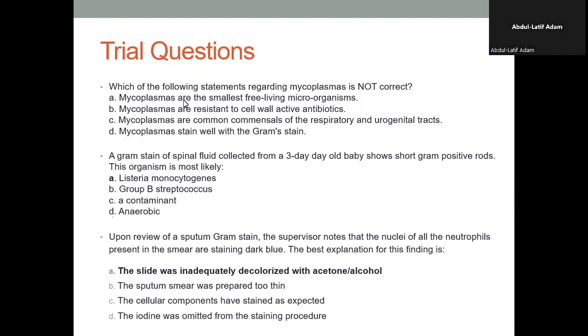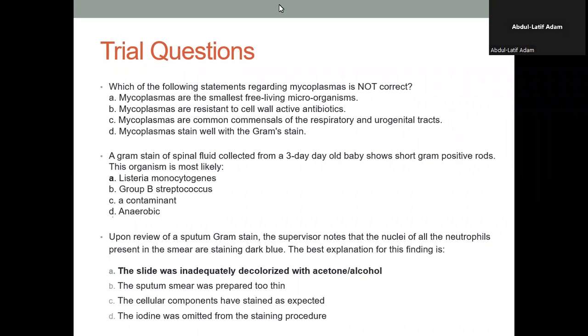Mycoplasmas are the smallest free living microorganisms. Is this true or false? Because it says which of the following statements regarding mycoplasmas is not correct, so we are looking for those which are correct.